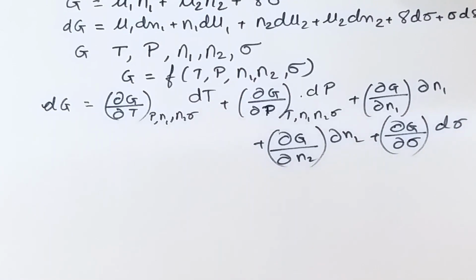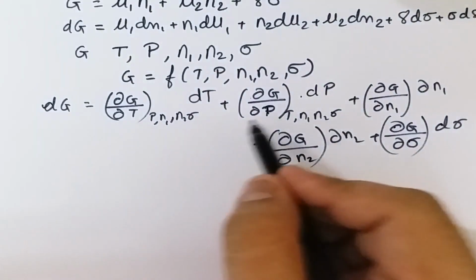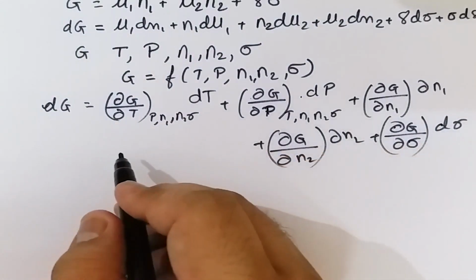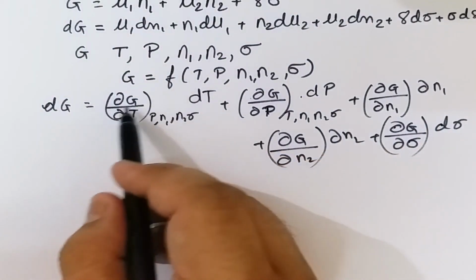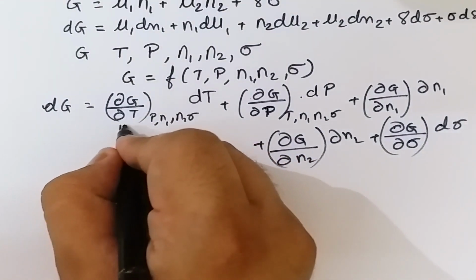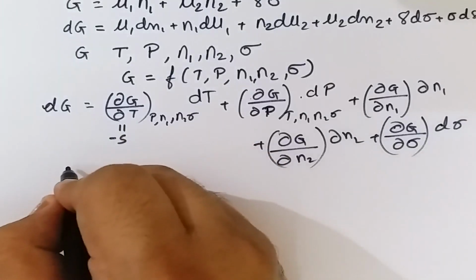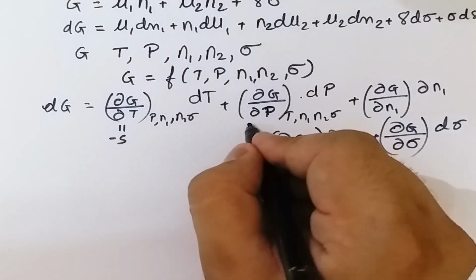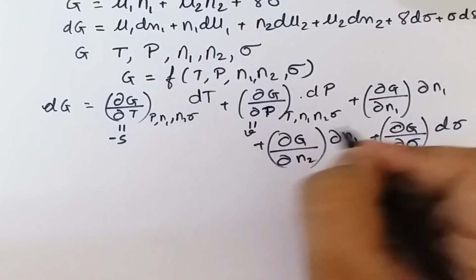From thermodynamics we know that these partial derivatives have their respective thermodynamic functions. The rate of change of free energy with respect to temperature is equal to minus S. Similarly, the change in free energy with respect to pressure is equal to volume.